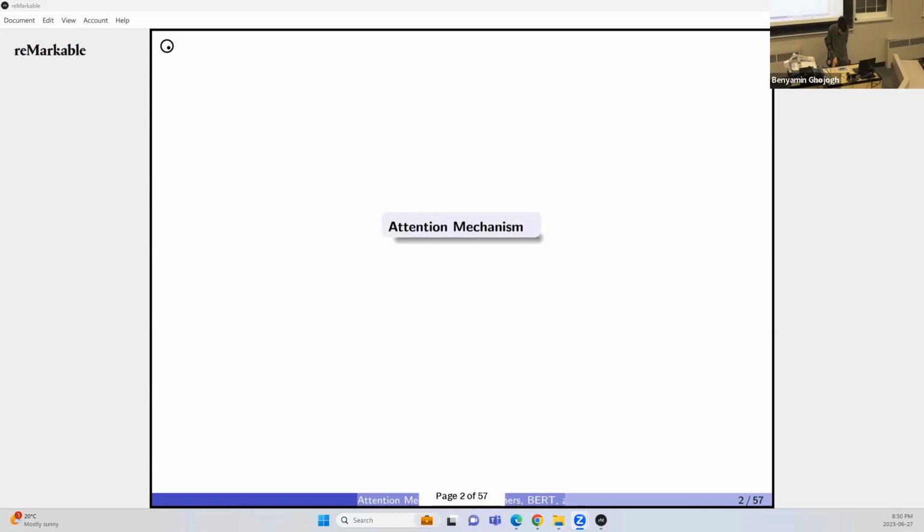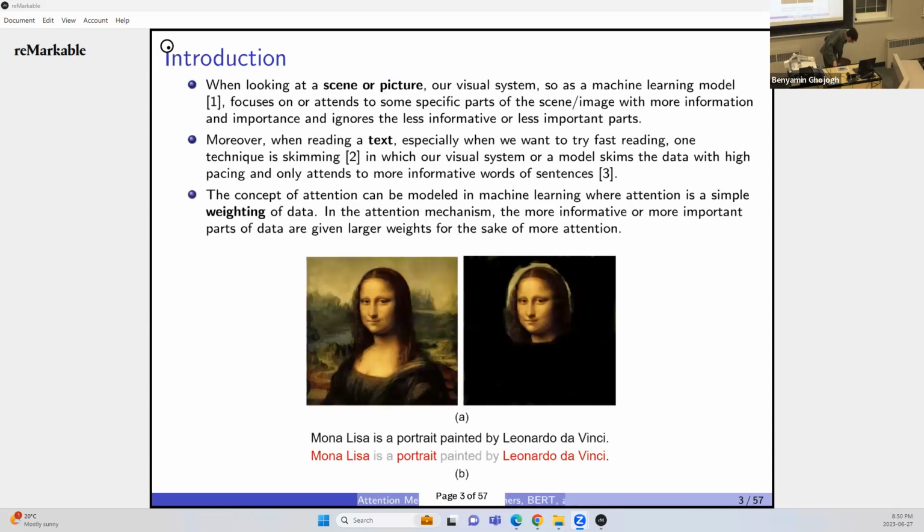So first, let's talk about attention mechanism. When we take a look at a scene, do we attend to all the regions of the scene equally? In other words, for example, when you are looking at the Mona Lisa portrait, do you see everything equally?